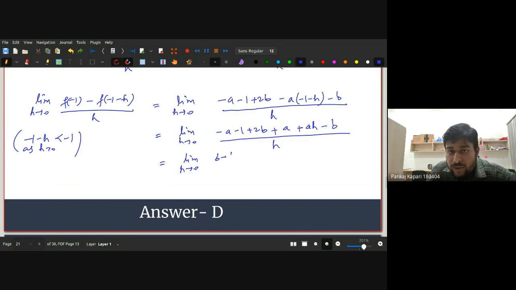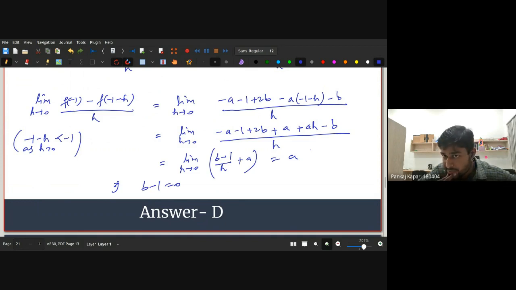So we'll have b minus 1 divided by h plus a. Now since this limit exists, b minus 1 must go to 0. As this limit exists, this implies that b minus 1 must be 0, and this limit turns out to be equal to a as h tends to 0.